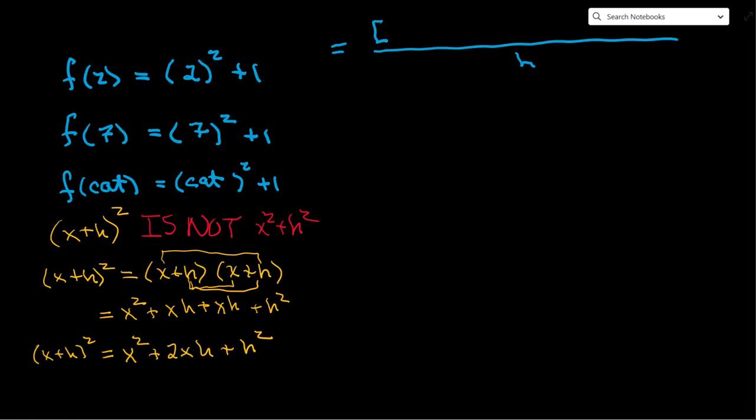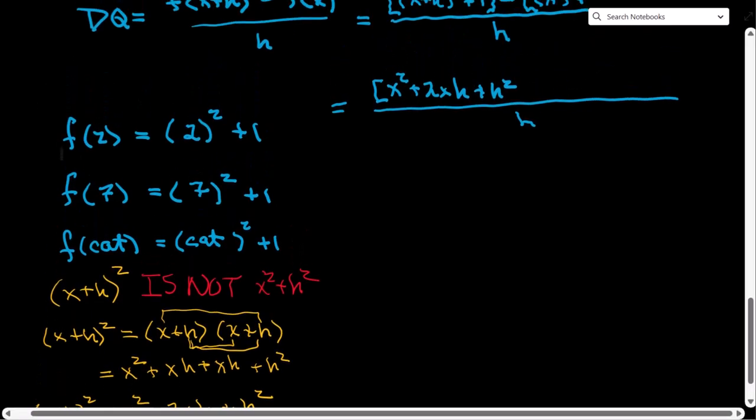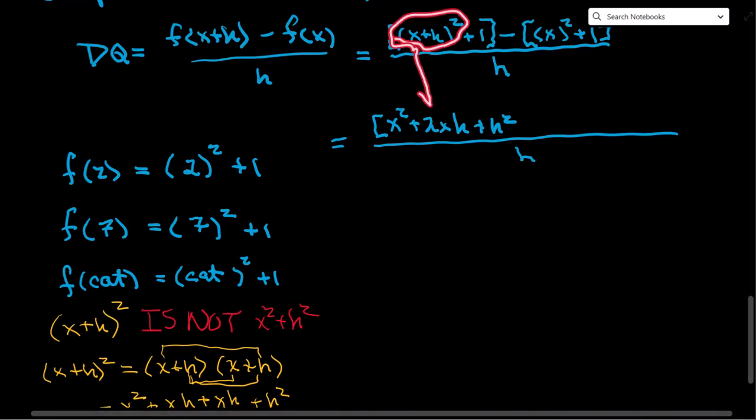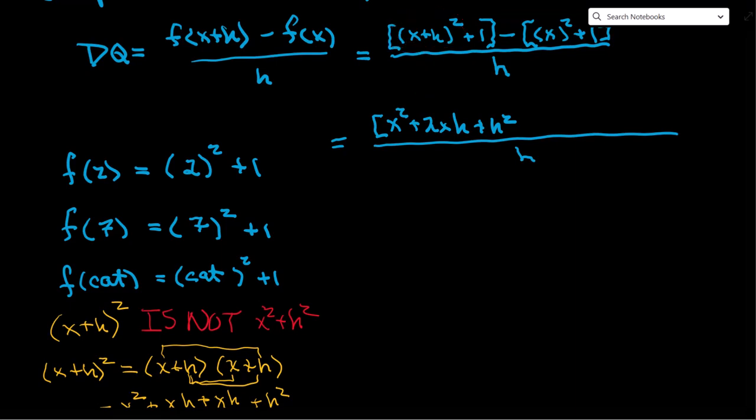Now we've got to be really careful because remember, when we started out, we did the x plus h squared. That's all of this. However, we still have plus 1. So after we've expanded the x plus h squared, we still need to include our plus 1.